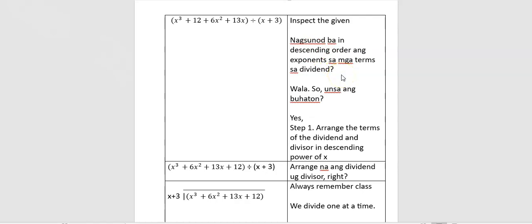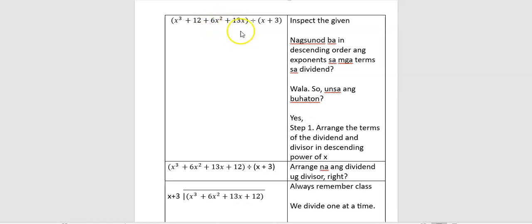Ask yourselves, are the exponents of the terms in the dividend in descending order? So look at the dividend. The first term, the exponent is 3. The second term is a constant, so the exponent is 0. And then the third term is positive 6x squared.